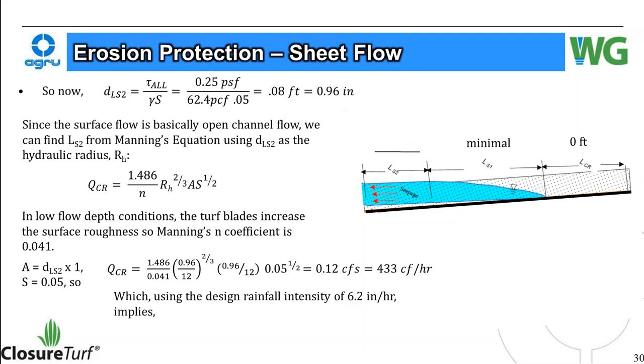Plug that into our equation using the design rainfall intensity, implies the allowable slope length for L sub S2 is 840 feet. Very long, almost 3 football fields long. You can put this stuff on very large sites.